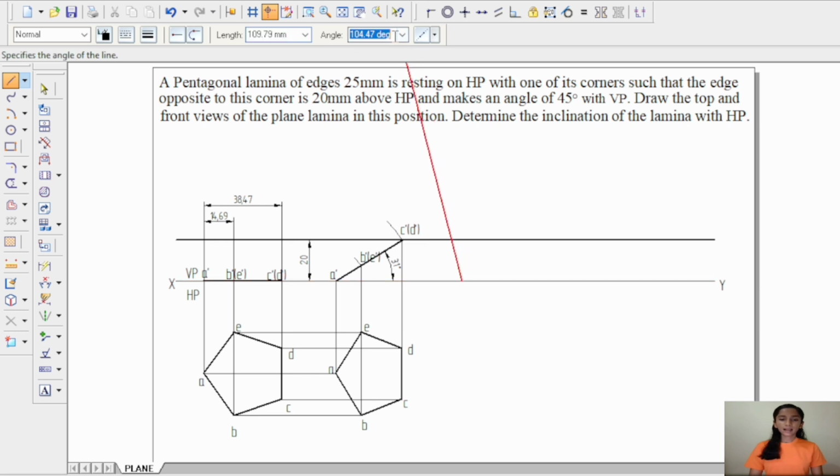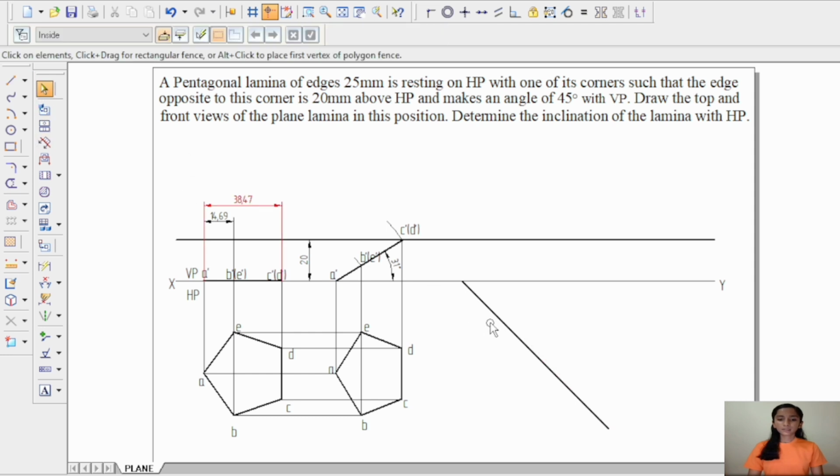Give the angle as minus 45 degree because it lies below the XY line and extend it up to a convenient distance. We need this line as a thin line, so select this line and make it as thin line by giving the width as or thickness as 0.13 mm.